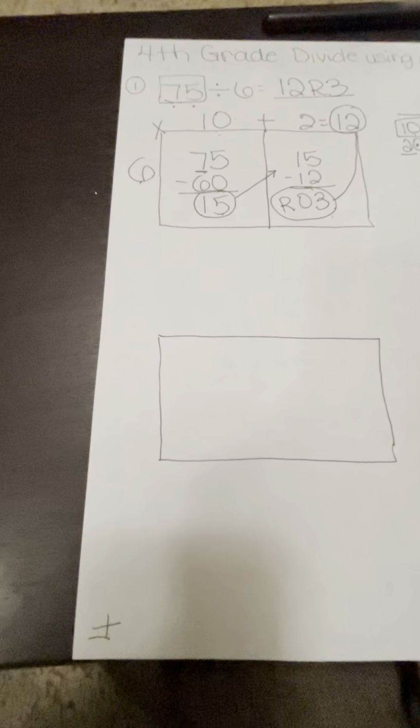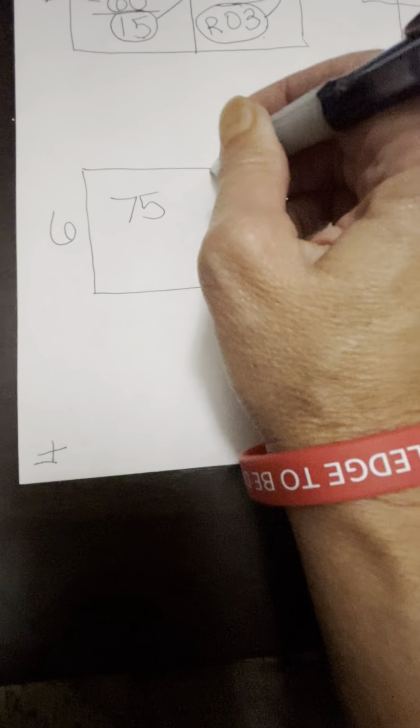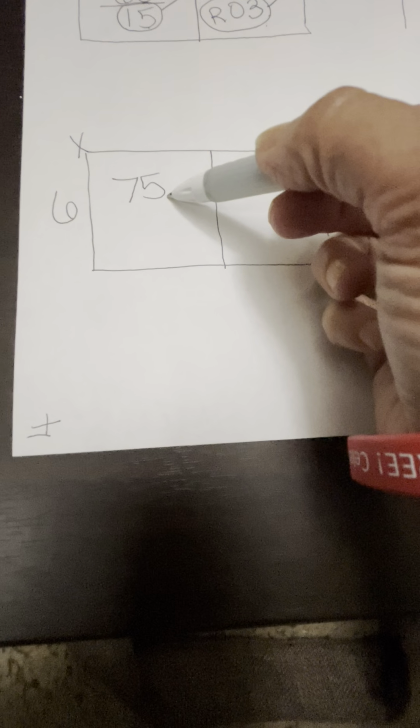Okay, another way that you can try to figure out the answer is writing it just as we did earlier, setting it up. If you know your sixes really well, you know that 75 is not a multiple of 6, but we know our 6 times 12, and 6 times 12 is 72, which is very close to 75.